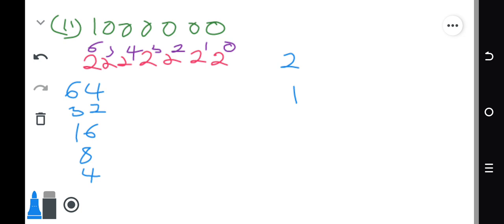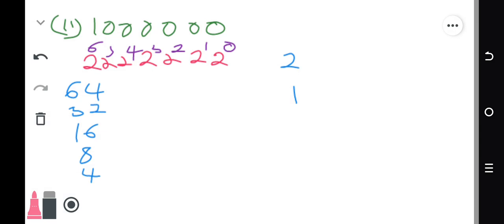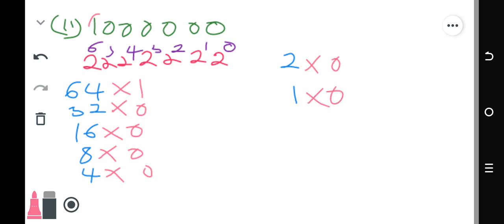Now we multiply each of the values by the base 2 digits. The first one we multiply by 1, so 64 times 1. The rest we multiply by 0. This is giving us 64, and the rest times 0 is giving us 0.